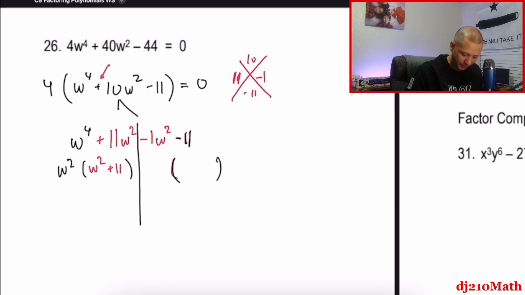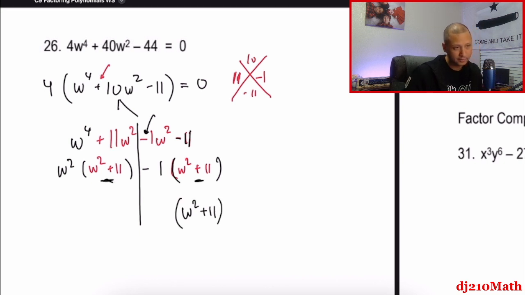So I know on the right, in parentheses, we're going to want the same thing. W squared plus 11. So we look and see that this symbol here is negative. So I'm going to factor out a negative and a 1. So we have w squared plus 11, that's the inside parts, and the outside parts, w squared minus 1.